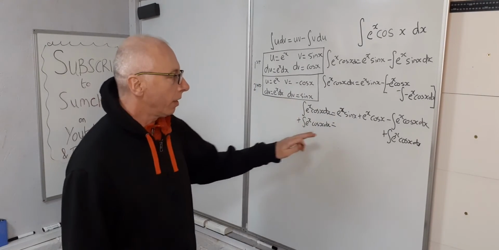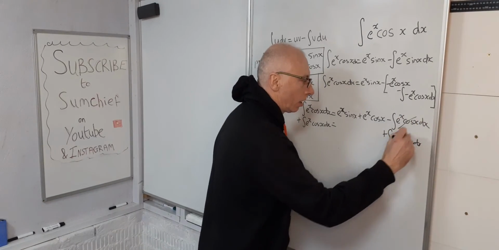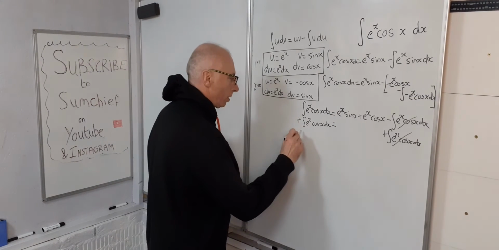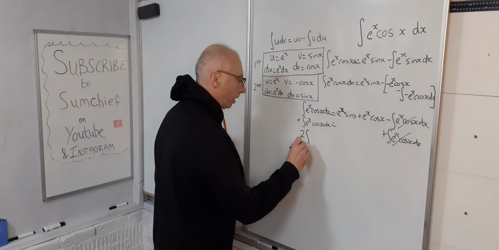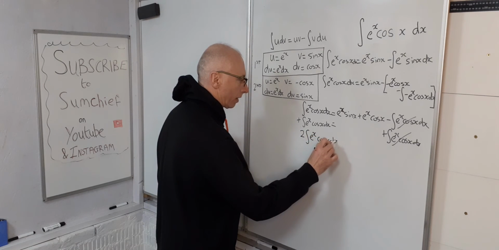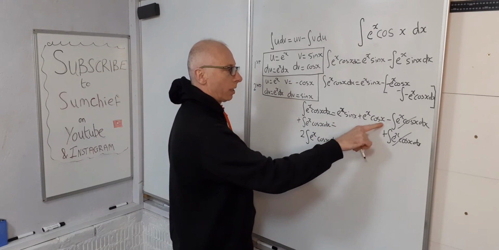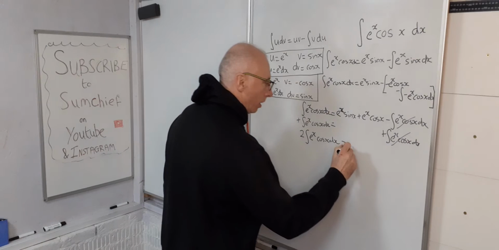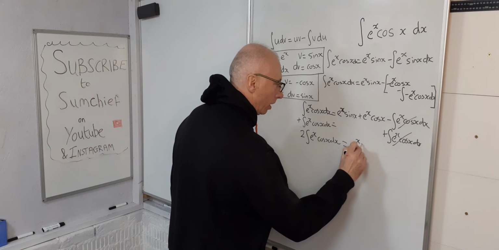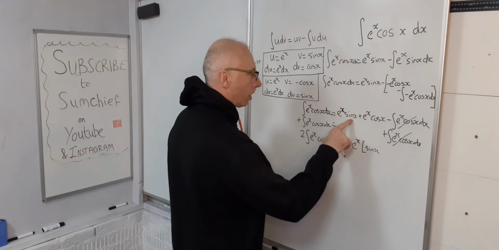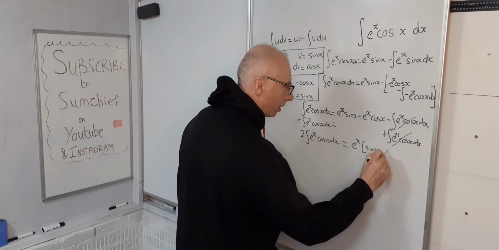Basically what we end up with now, these will cancel out, and then we'll end up with 2 to start with. So now we'll have 2 times the integral e to the x cosine x dx equals this part. So let me just factor out the e to the x. This makes it a little bit neater looking. So e to the x times sine x plus cosine x.